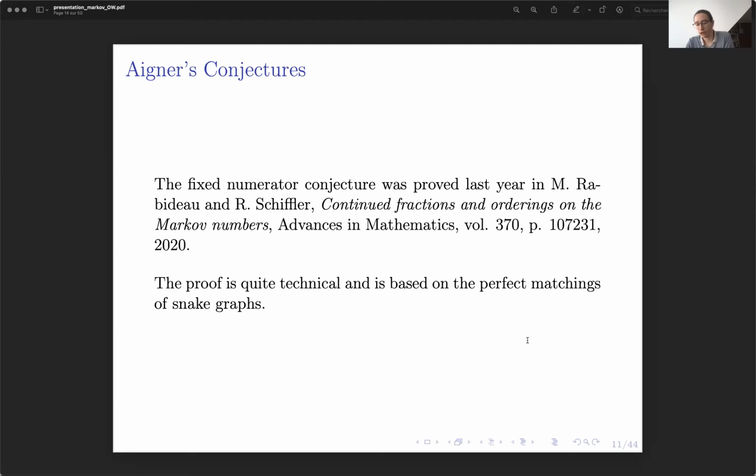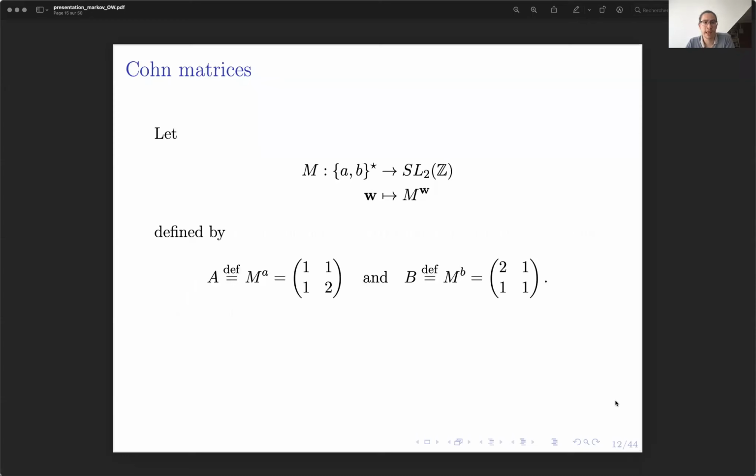And so we tried to improve their proof and apply it to the two other conjectures, and it works. So we will introduce our first tool. If we have a word on an alphabet of two letters, we choose a, b, then we can map it to some matrix in SL2(Z), with a being the matrix (1 1; 1 2), and b being the matrix (2 1; 1 1).